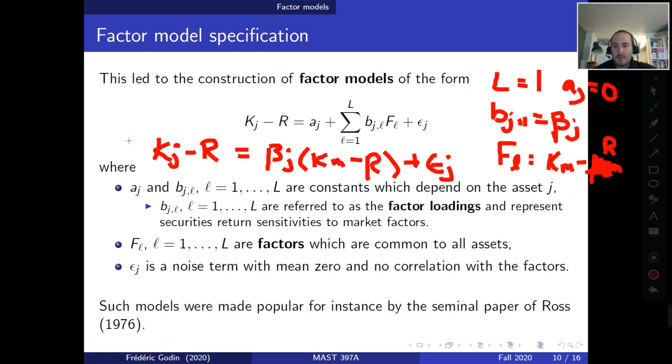So if we take the expectation on both sides, we have something like this.